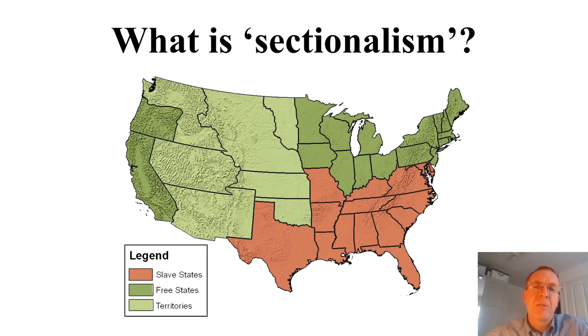Don't make a mistake and think that the North were all hugely in favor of equality between whites and blacks. They absolutely were not. Keep in mind, we're talking about the 19th century, not the 21st century. The vast majority of Northerners did not favor equality of whites and blacks.